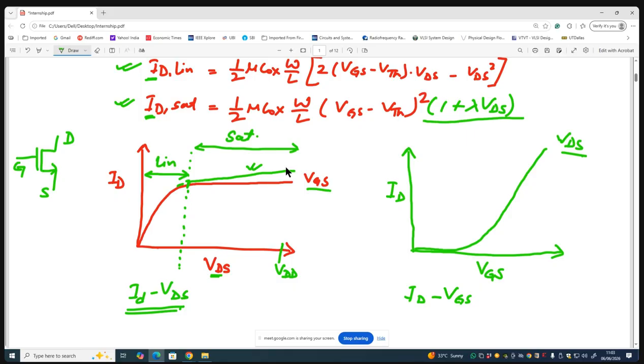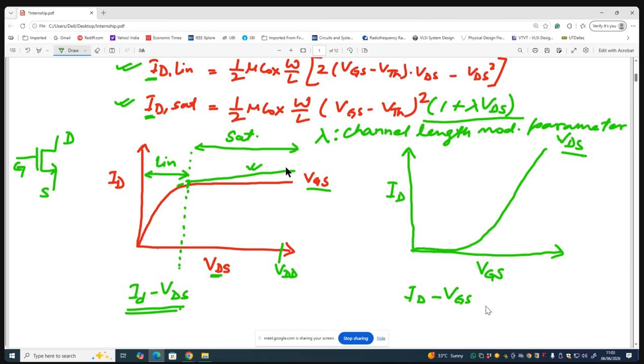And what is this lambda referred to as? Channel length modulation. Yes, channel length modulation parameter.